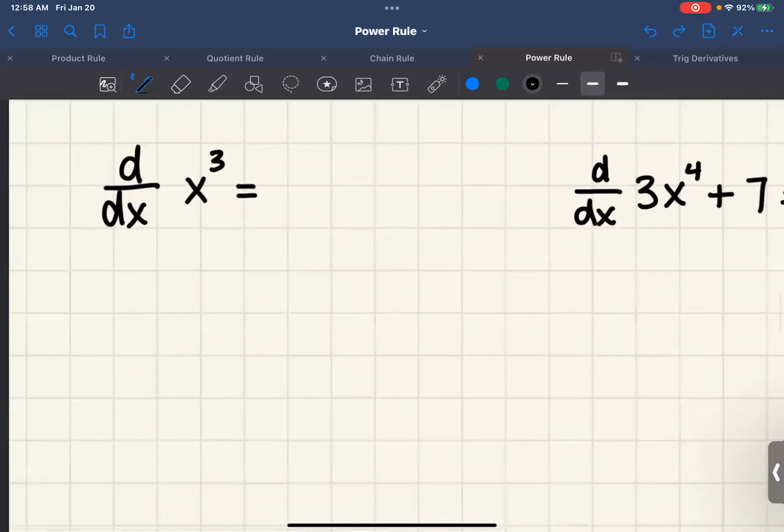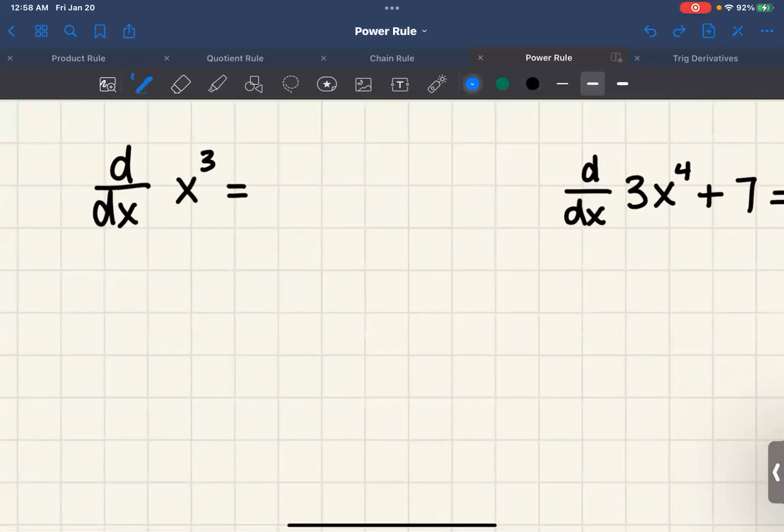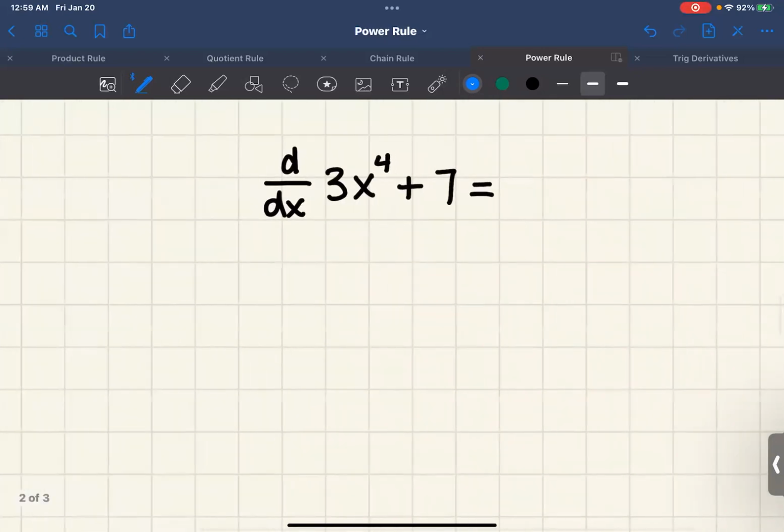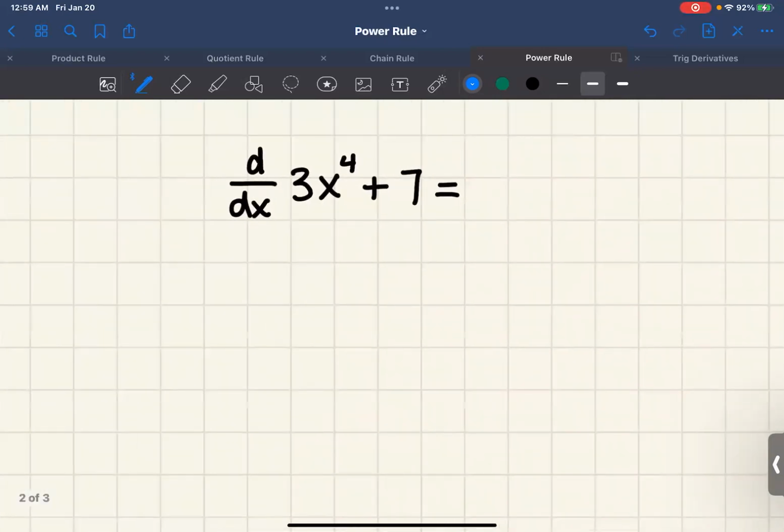So first we have x cubed, which is just a simple one. You just bring the power down to be 3x and then 3 minus 1. So we have 3x squared. And then for this next one, we do the same thing, but we have that multiple out in the front.